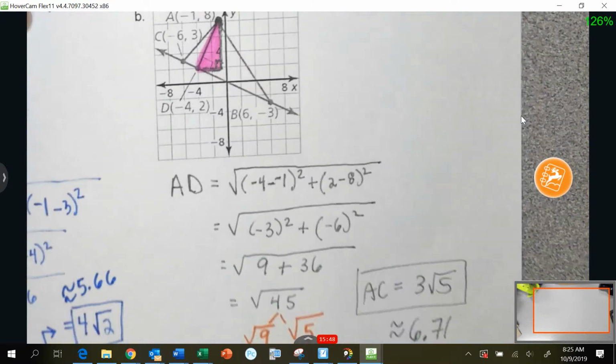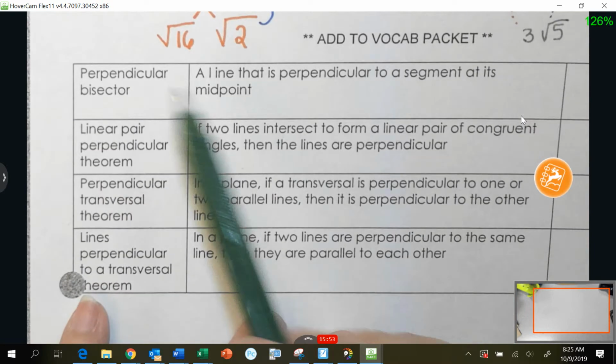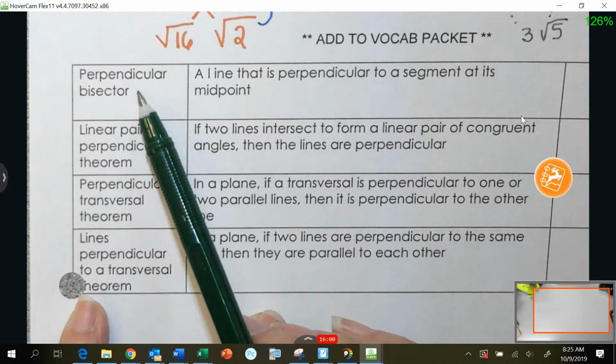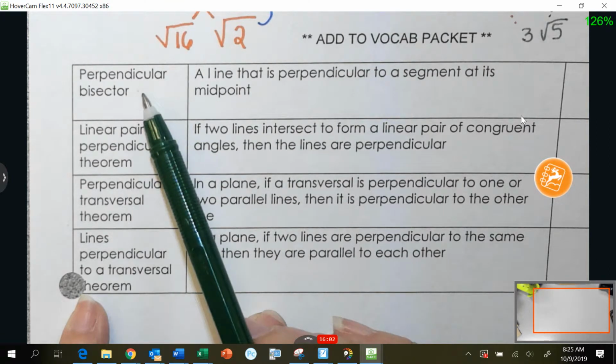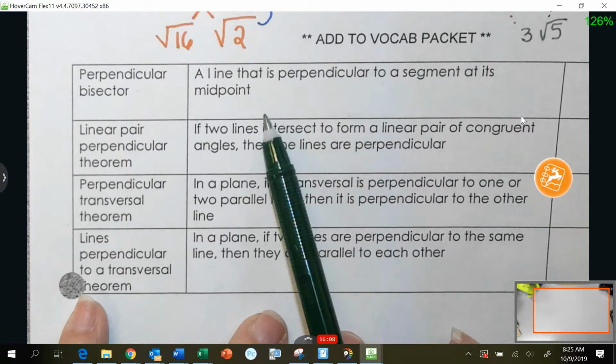Okay? All right, we've got 4 more things, and you'll add them to your vocab packet when you have time. First of all, perpendicular bisector, which we have already learned the constructions for using the compass. So the perpendicular bisector is a line that is perpendicular to a segment at its midpoint.